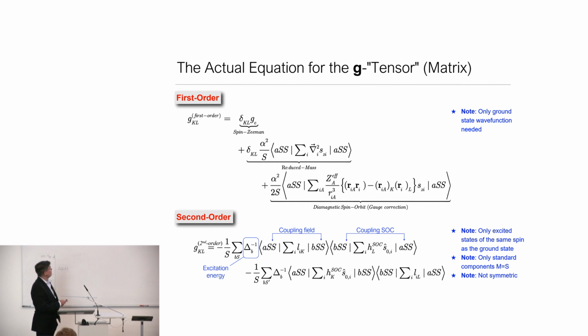And the second one is the so-called diamagnetic term in the EPR G tensor, equivalent to the diamagnetic term in NMR. It's a relatively complicated operator that I don't want to discuss in any level of detail, but in principle it's just an expectation value over the electronic ground state.